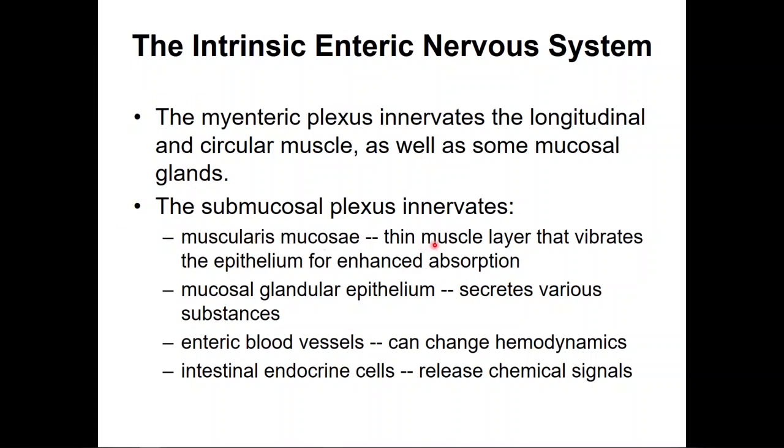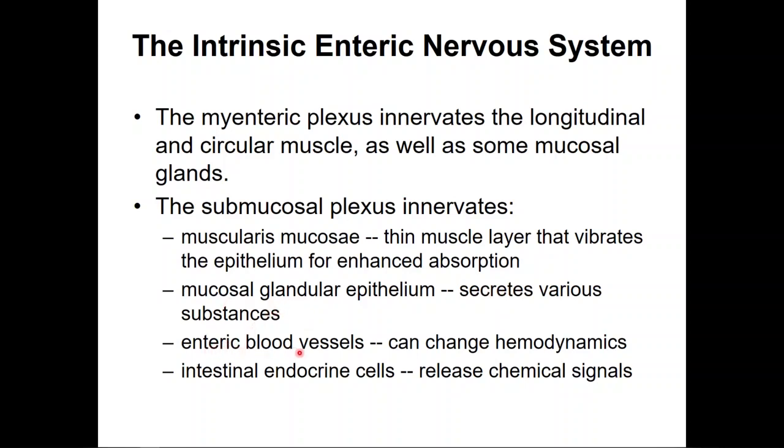Okay, so just a reminder, in the intrinsic enteric nervous system, the main nerve plexuses would be the myenteric plexus, which innervates the longitudinal and circular muscle, as well as some mucosal glands. The submucosal plexus I would think of as less involved in muscular activity and more involved in secretions. Even though it does innervate the muscularis mucosae, I want you to understand mostly that the submucosal plexus affects secretion of various substances by glands in the small intestine.